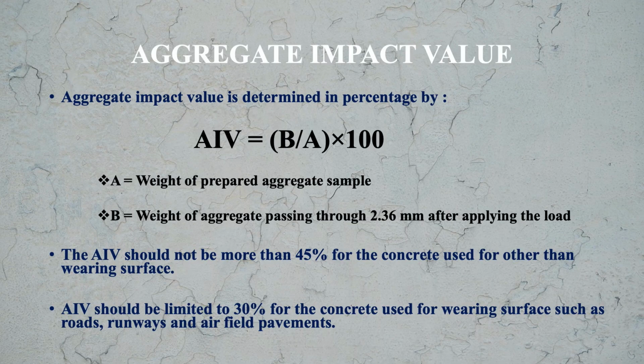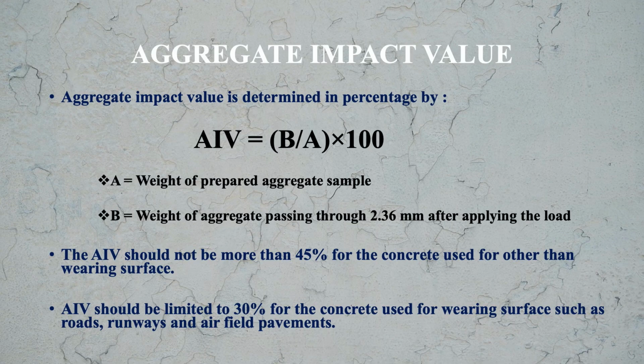Now aggregate impact value can be calculated as AIV equals B by A into 100, where A is the weight of prepared aggregate sample and B is the weight of aggregate passing through 2.36 mm after applying the load. This way you can calculate the aggregate impact value.